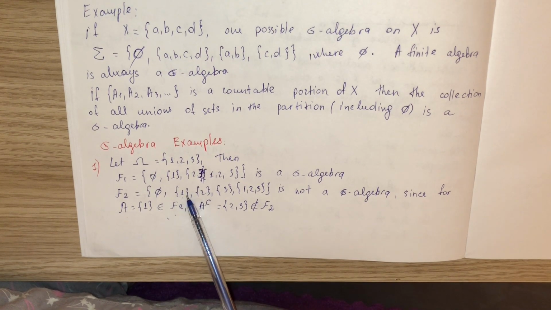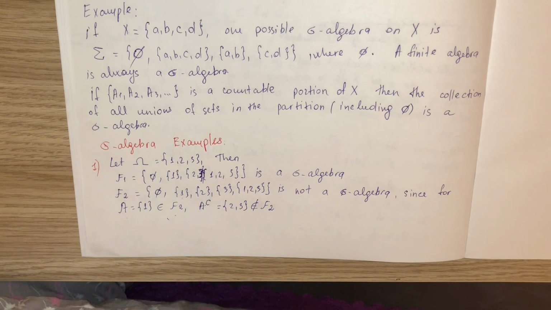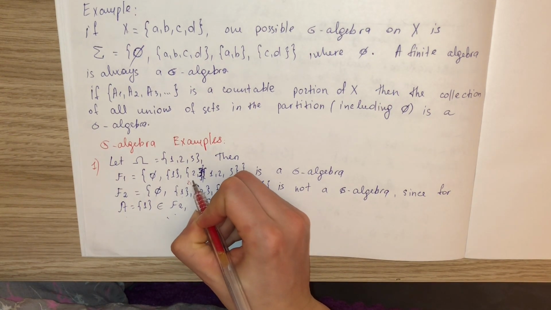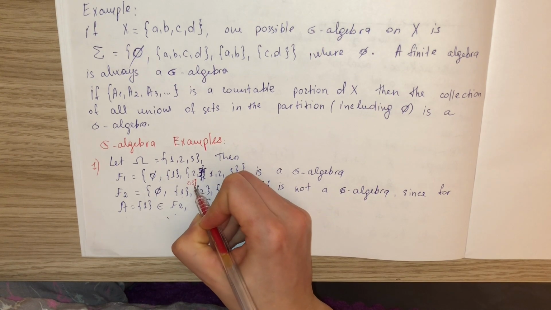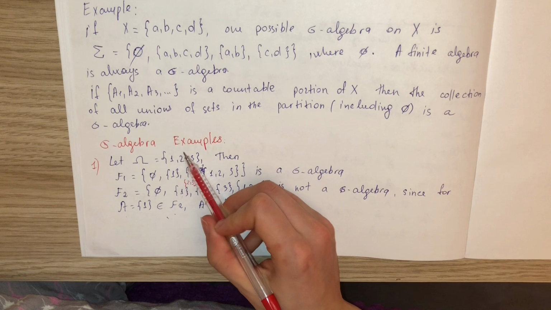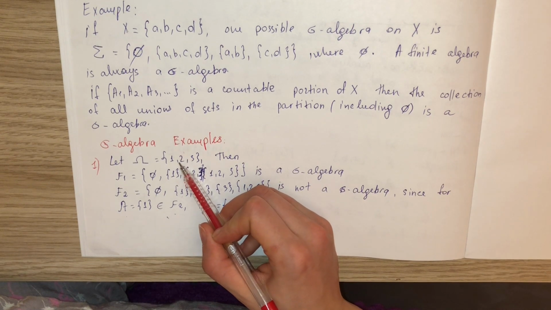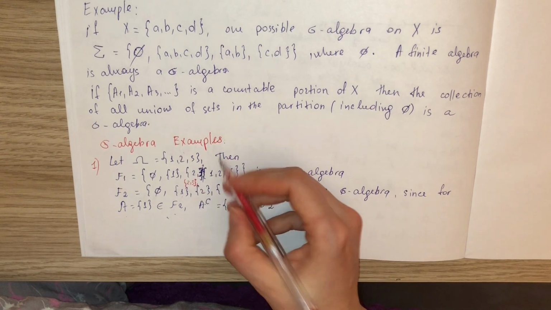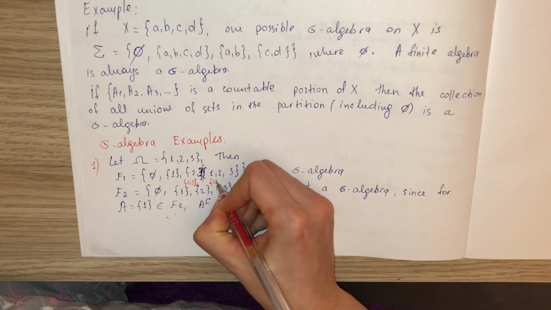If we write {1}, we should also write {2, 3}. And if we write {2} and subtract this, we will get {1, 3}, so we should also write {1, 3}.